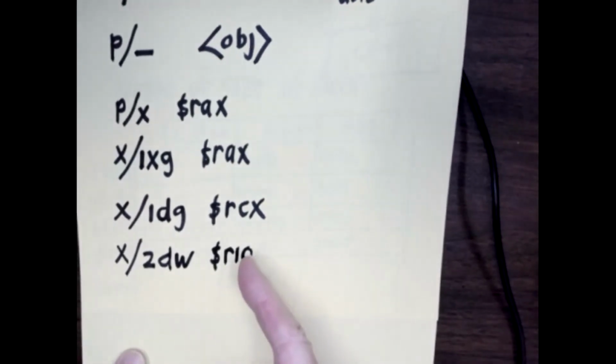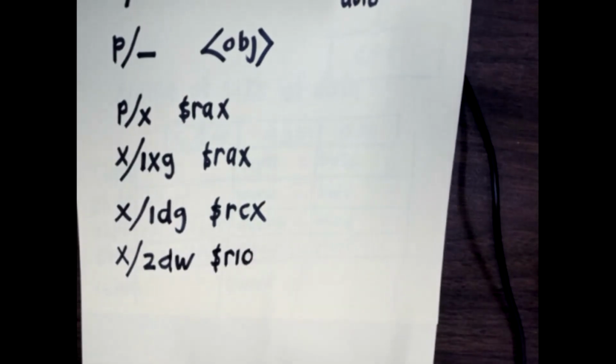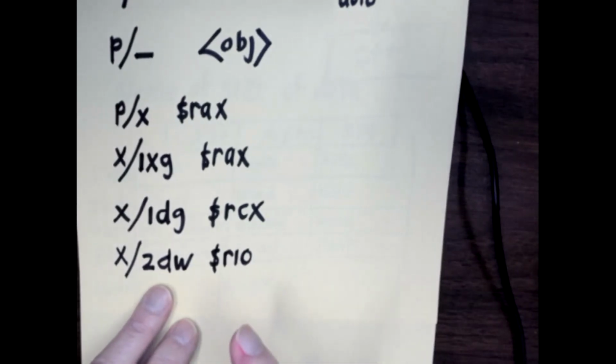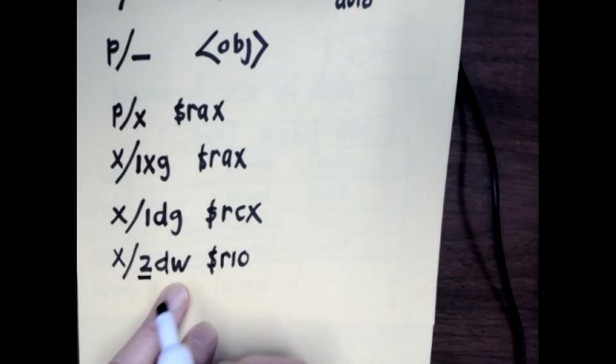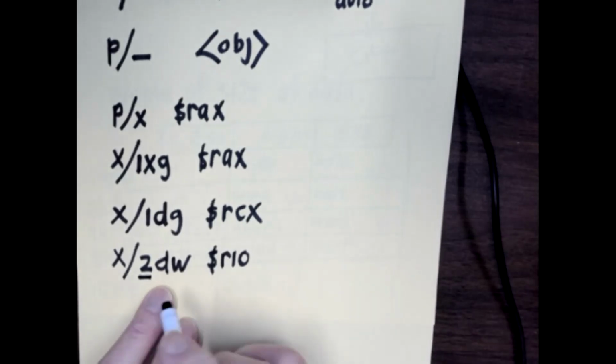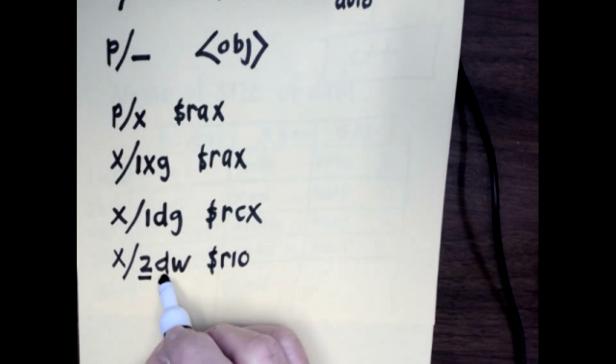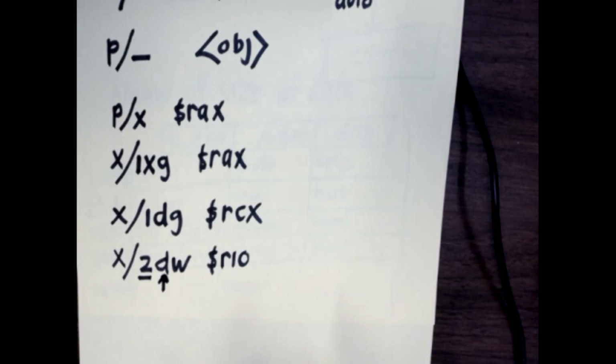So this means go to R10, which is 64 bits, pick that value up as an address, go to that address, and starting at that address, show me 2 numbers. Both of them are of word size, 4 bytes, and both of them are in base 10 decimal. So you'll get 4 bytes displayed as a decimal integer, and then the next 4 bytes immediately after that will be also displayed as a decimal integer.